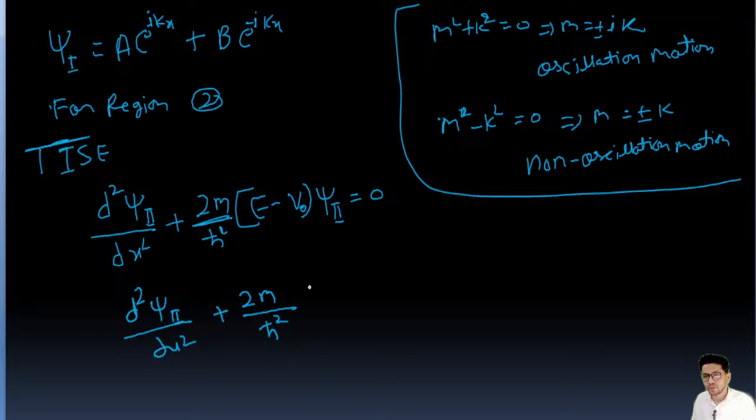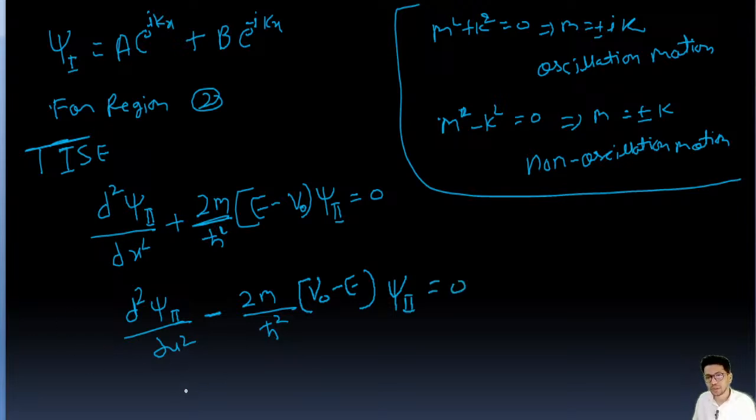Okay, so we can write this, because V naught is greater than E, right? So we can write minus (E naught minus E) psi 2 equal to 0.